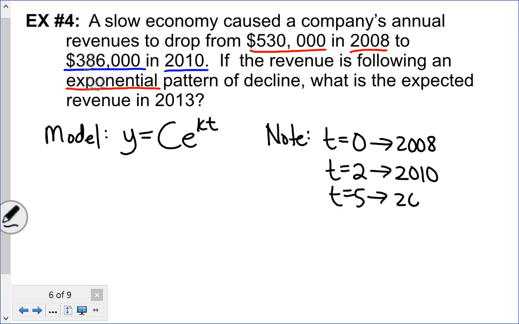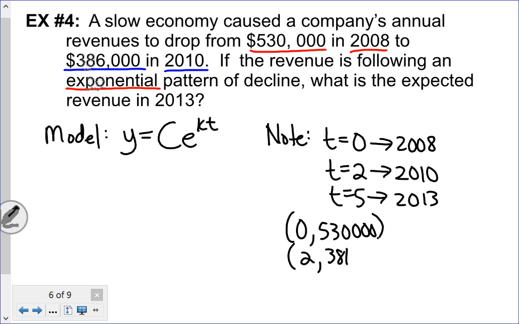So what that means is the information that we know is one ordered pair is time 0, we have 530,000. And then we also know at time 2, our revenue is 386,000. So those are our two conditions that we know.